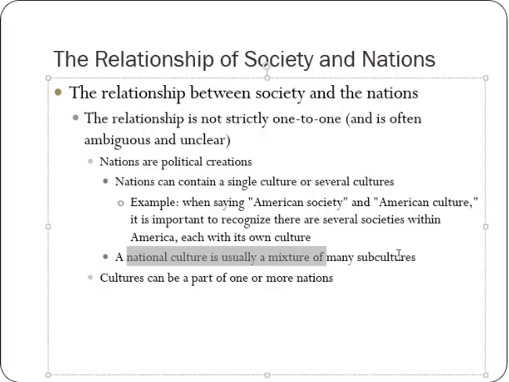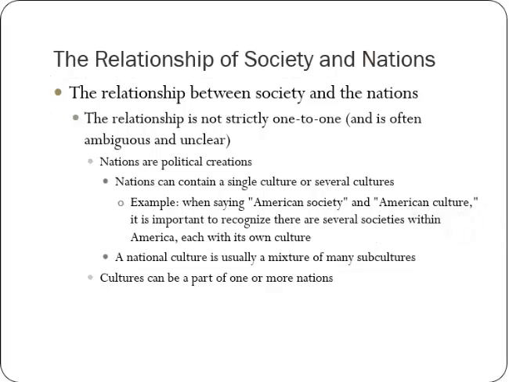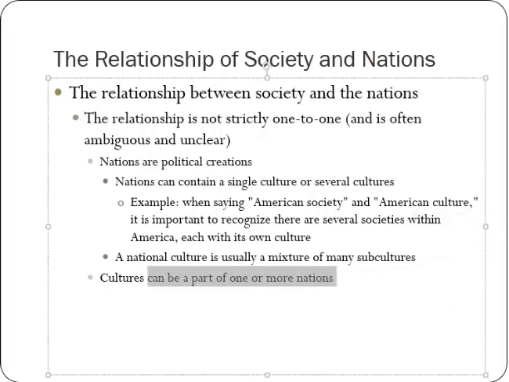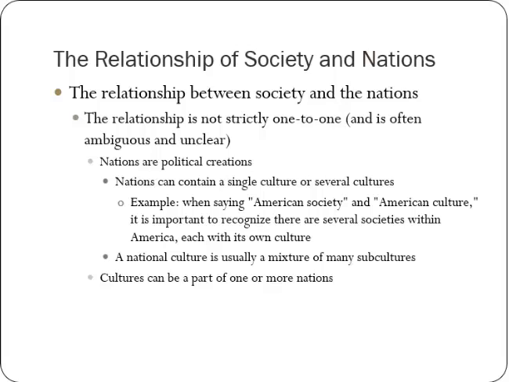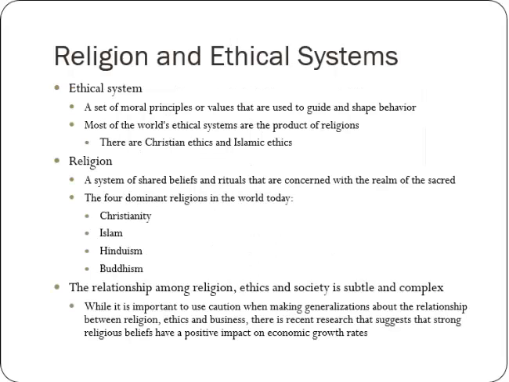So a national culture is a mix of many subcultures. A culture can be part of one or more countries, and many cultures can be in one country. You have to look at areas on an individual basis, even within countries.